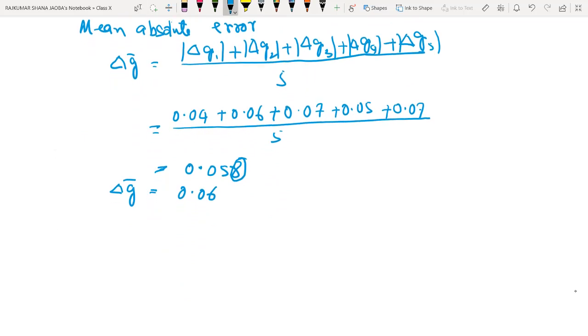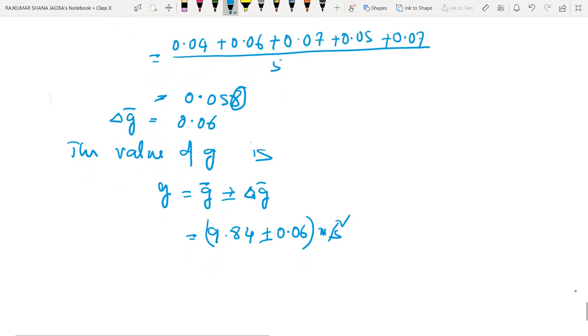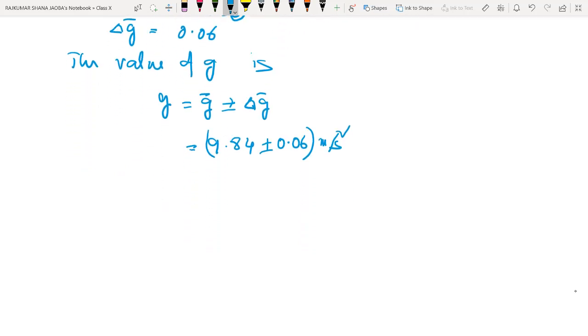Hence the value of G is G equal to G bar plus minus delta G bar. So this is 9.84 plus minus 0.06 meter per second square. Now we can find out the relative error.